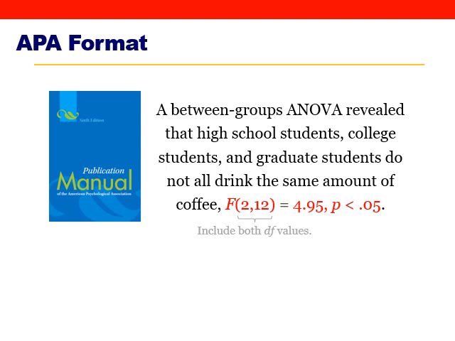The first number, which in this case is 2, is the between groups degrees of freedom, and the second number, which in this case is 12, is the within groups degrees of freedom. After the equal sign, we have the value of the F statistic that we calculated, 4.95. And because we rejected the null hypothesis, we're going to say that p is less than 0.05 in this case. Notice that we did not include means for each of these groups.